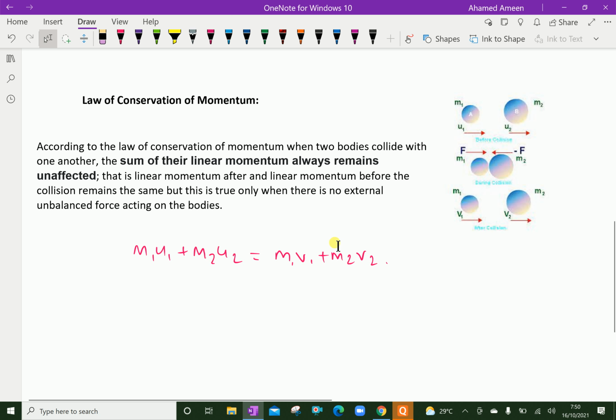This is the total momentum of the two bodies after collision. So we can say the total momentum before collision is equal to the total momentum after collision. This is called the law of conservation of momentum.